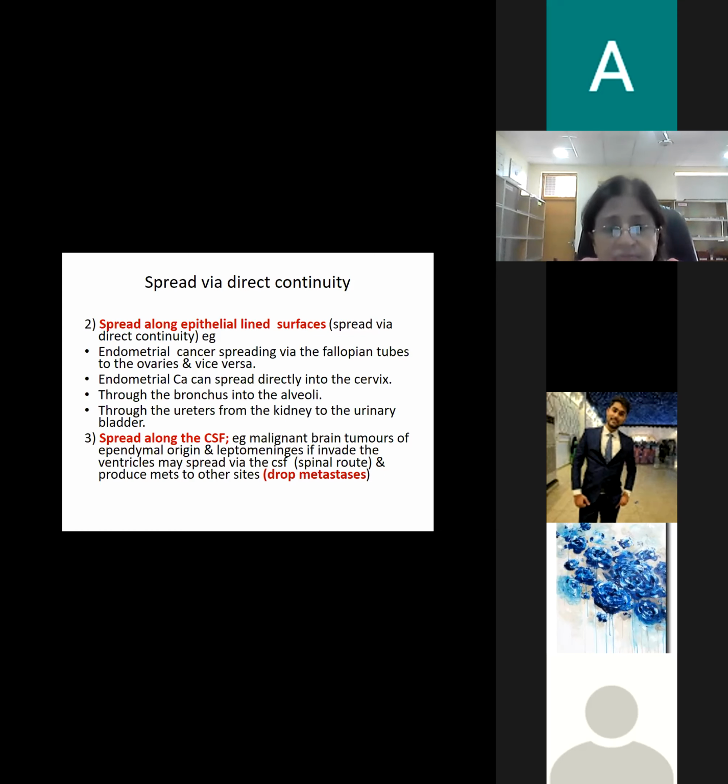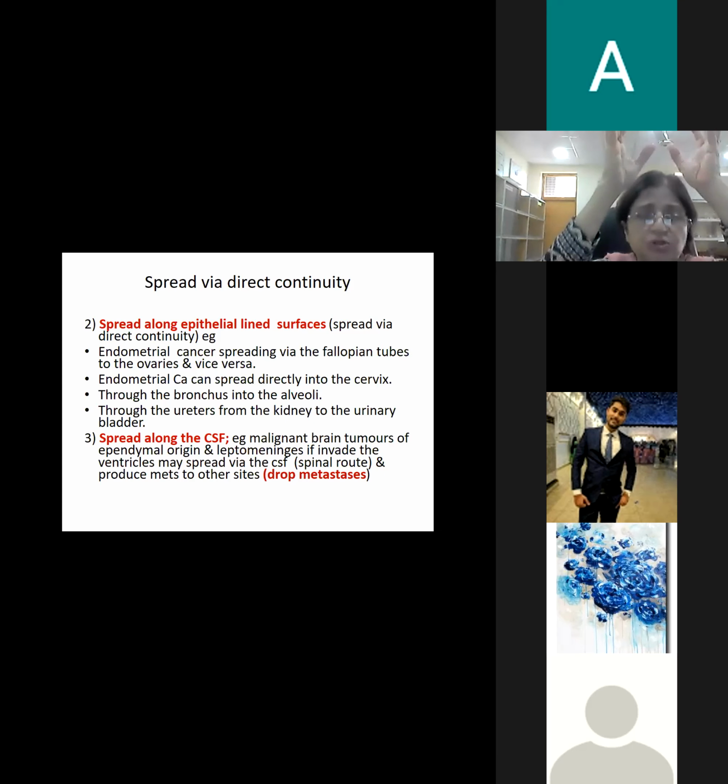If we have ependymal tumors which are present in the ventricles of the brain, ventricles के अंदर हमारे CSF fluid होता है, and this CSF fluid of the ventricles is in direct continuity with the CSF which lines the spinal cord.